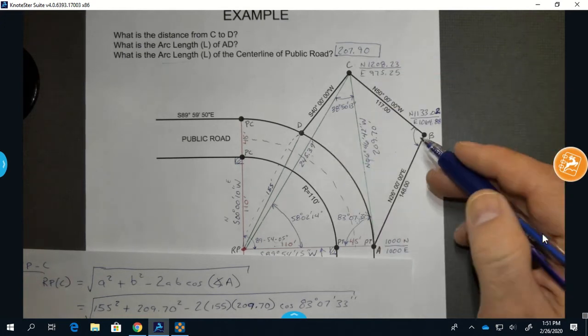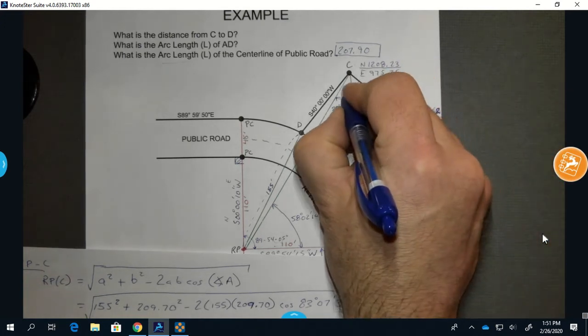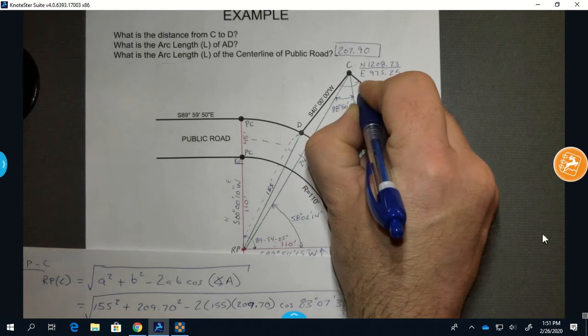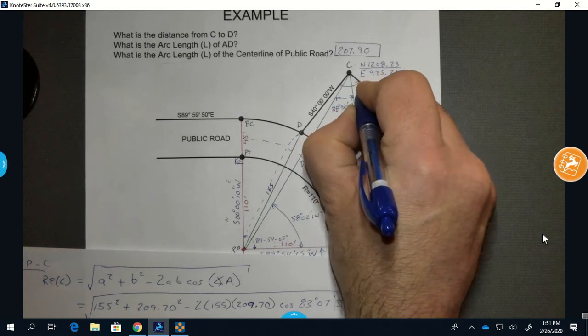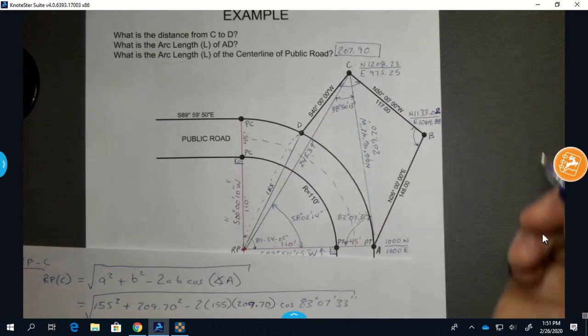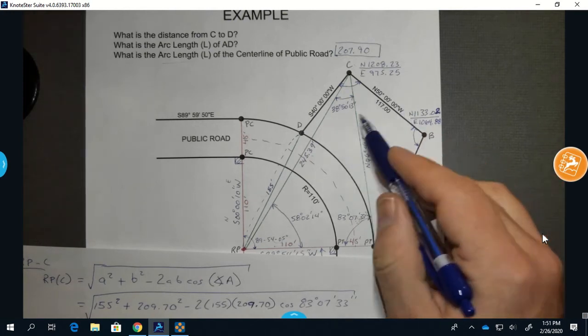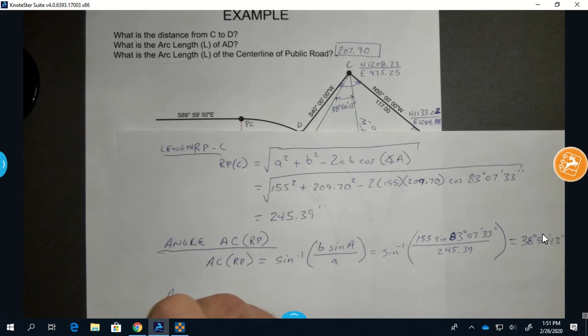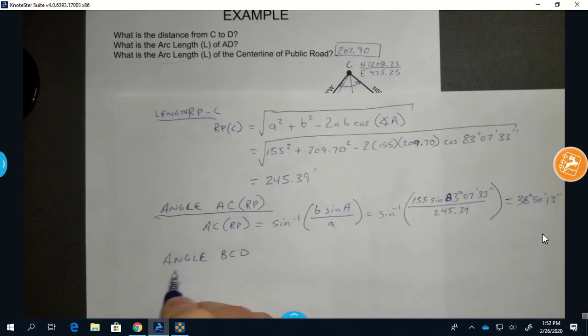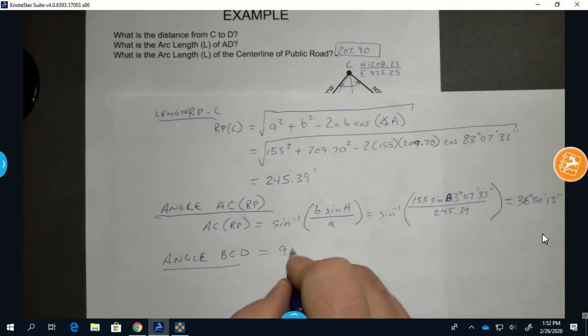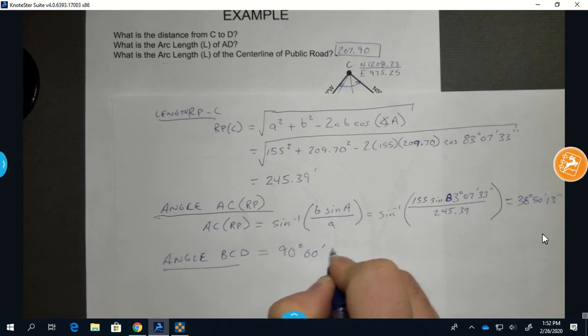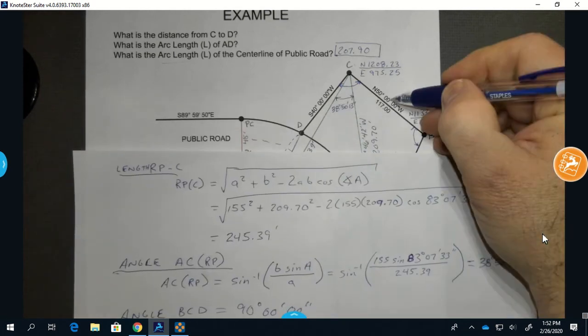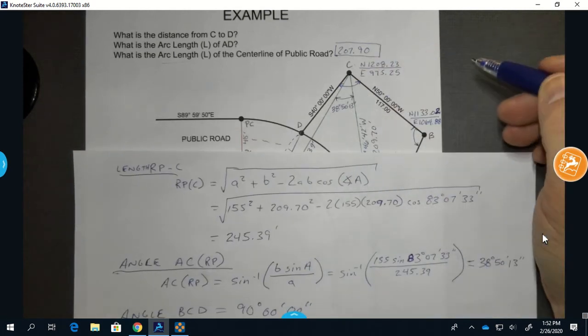BCD. So this whole entire angle here is what we're looking at. From there to there. So all I have to do is figure out the difference in bearings. So my angle BCD is equal to 90 degrees, 00 minutes, 00 seconds by looking at these two bearings.